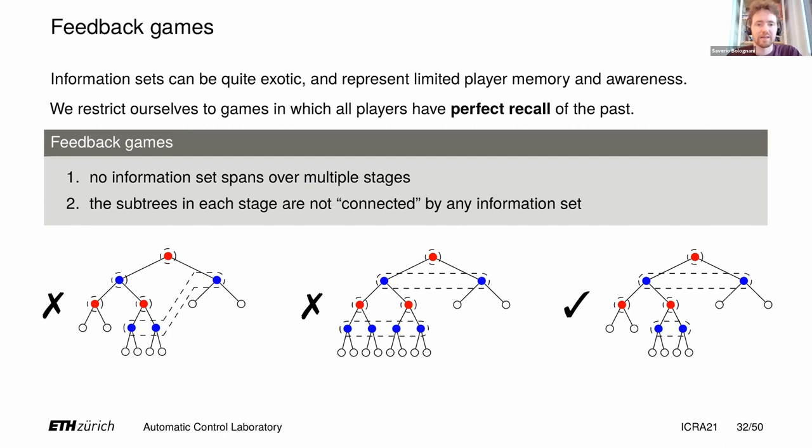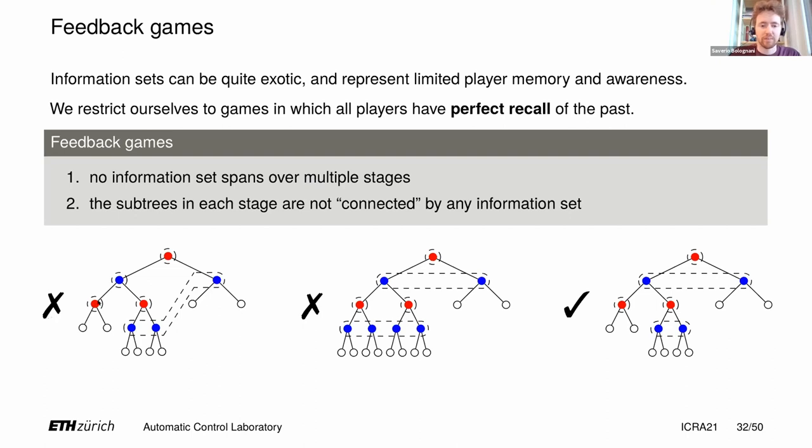But in many applications, I would say engineering applications in general, but for sure the applications that we're considering today, players have recall of the past, okay? What does it mean? It means that in games with perfect recall, also called feedback games, no information set spans over multiple stages, and each subtree in each stage is not connected to other subtrees by any information set.